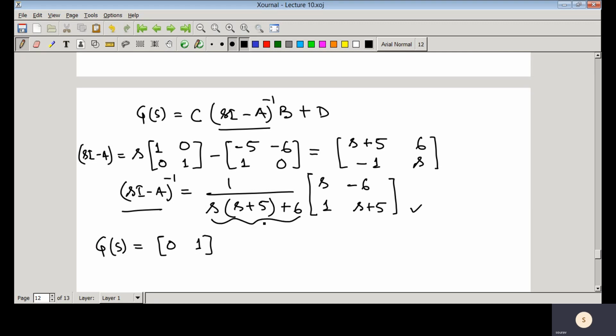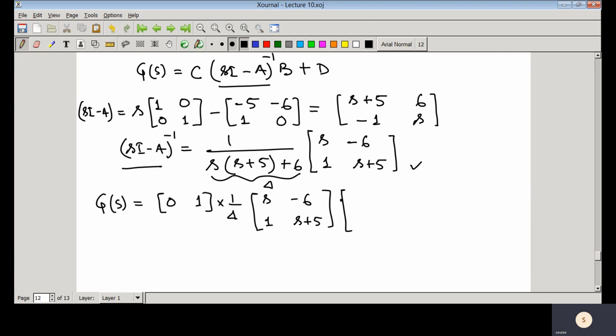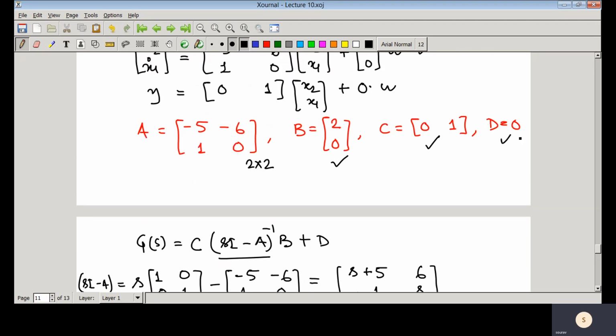If we just say this is delta, then it would be 1 by delta into this matrix, s, 6, minus 1, s plus 5, that is C into (sI minus A) inverse. And what is your B? B is here 2, 0, and you can see that D is a 0 matrix, so D equal to 0 here.